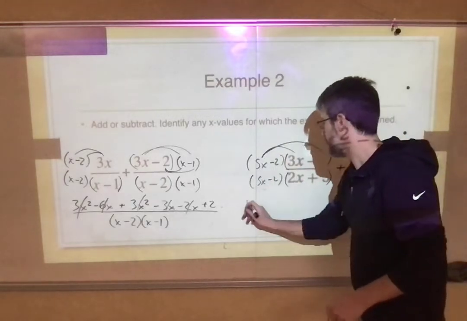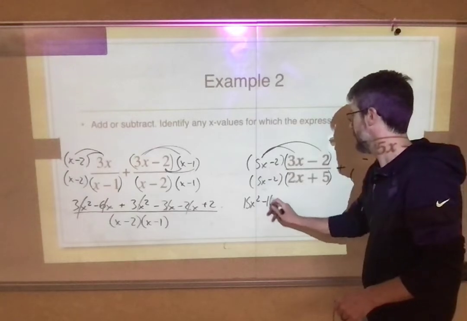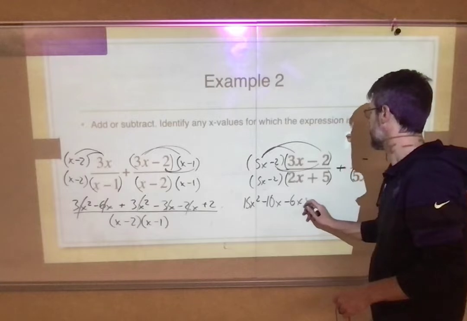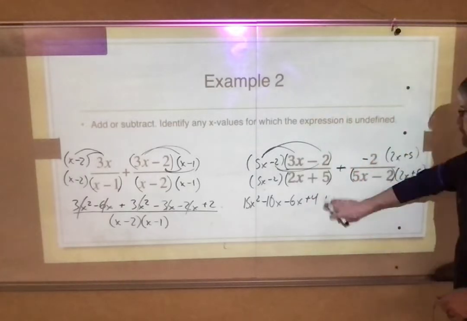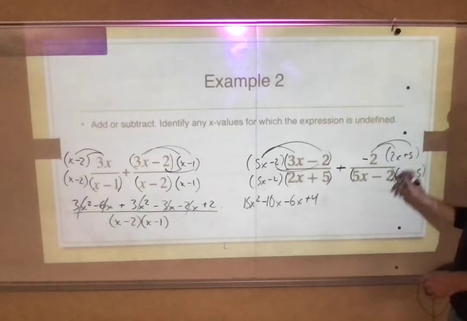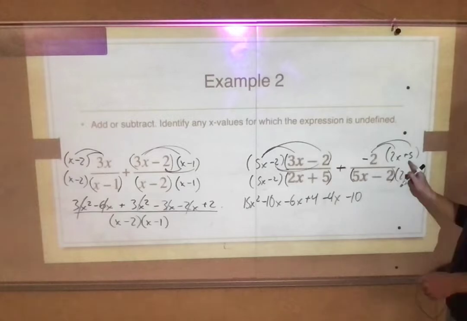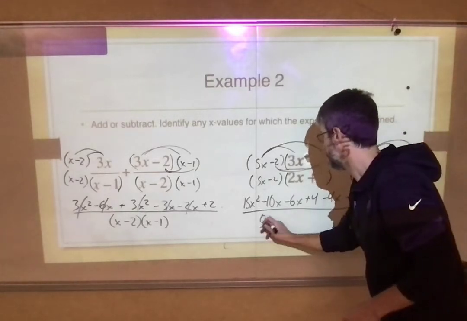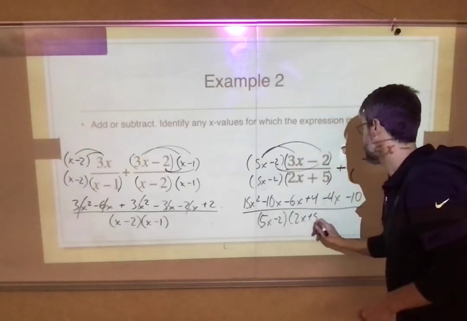So that's going to be 15x squared minus 10x minus 6x plus 4. And then over here, I can distribute that minus 2 in. That makes it a minus 4x and a minus 10 all over 5x minus 2 times 2x plus 5.